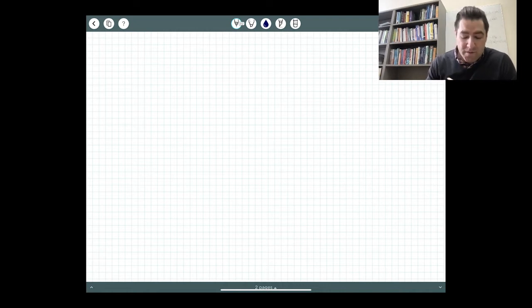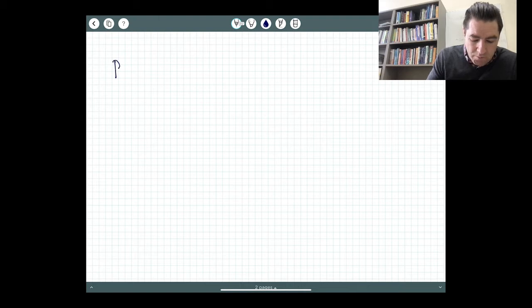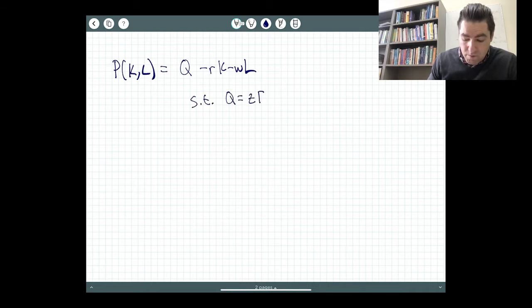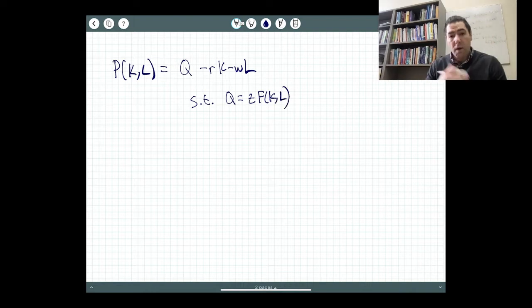The way we set up the problem, my profits are a function of capital and labor, equal to my output, which we've written as Q, minus the capital cost minus the labor cost, subject to this constraint that I had to deliver a certain quantity of the goods. So I need to deliver 2,000 cement mixers, and I have to decide how to allocate capital and labor given their costs, R and W, to best maximize my profit.